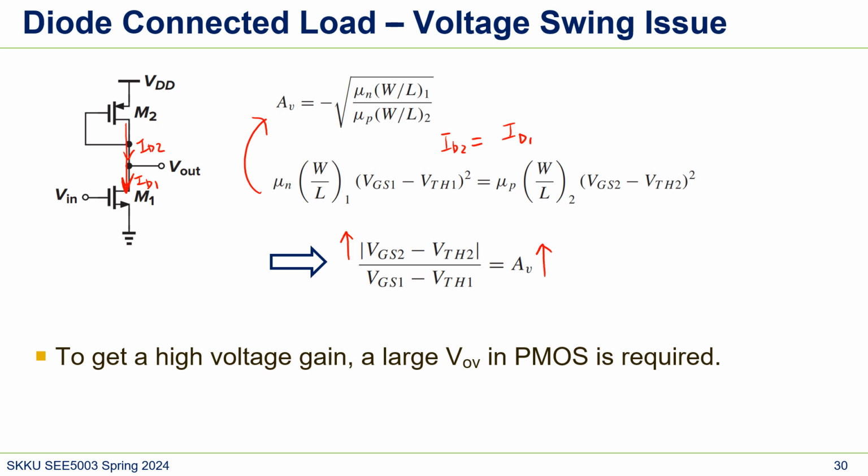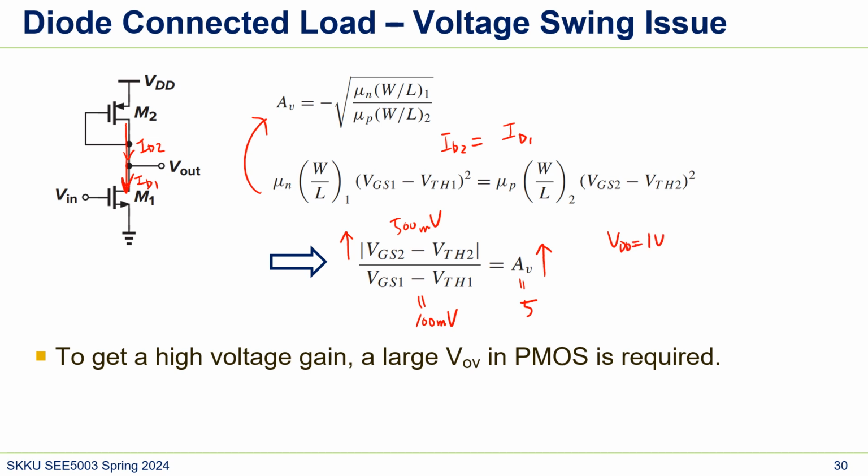For example, let's say this V overdrive is 100 millivolt, and we want to achieve a gain of 5, then we want this as 500 millivolt, right? And let's say our VDD is 1 volt.